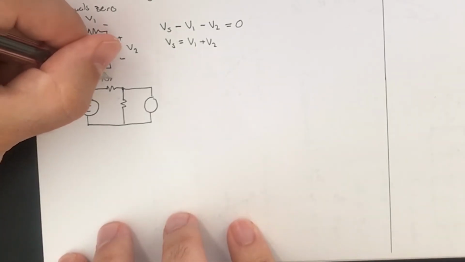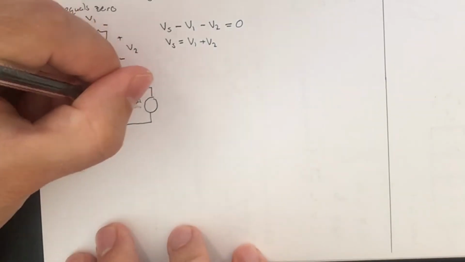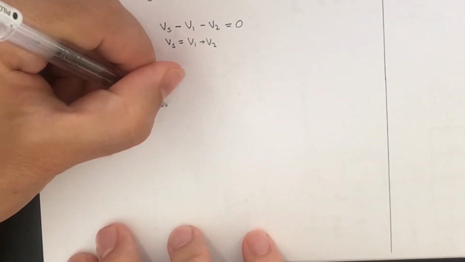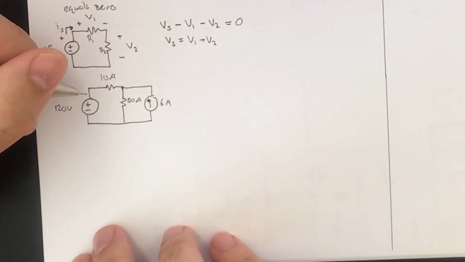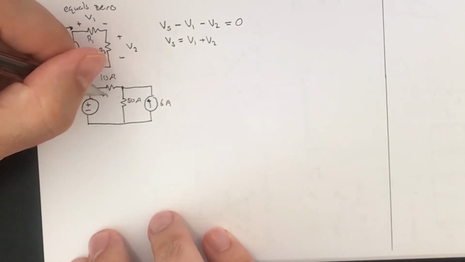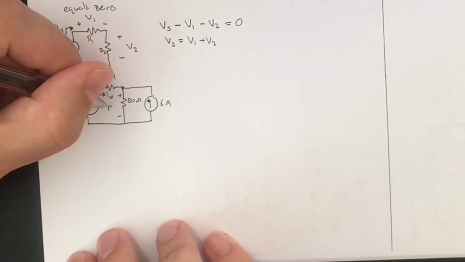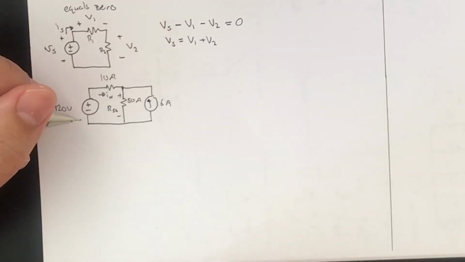Often within circuit theory, circuits may at first appear to be very daunting or confusing, but a simple application of the basic laws is often more than adequate to solve these.